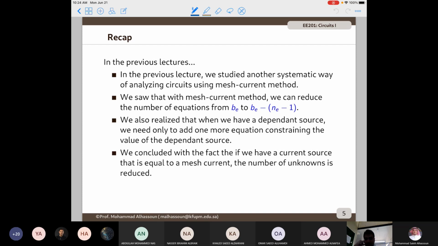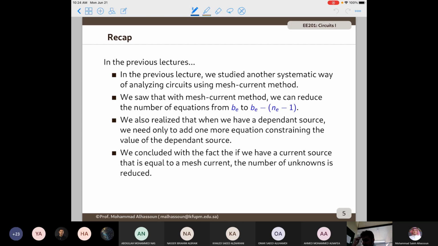So we started with the node voltage method, and we noticed that the number of needed equations, instead of being BE, the number of essential branches, is going to be the number of essential nodes minus 1. The number of essential nodes is always less than the number of essential branches, so we are reducing the number of equations.